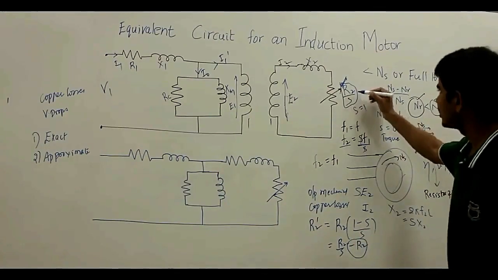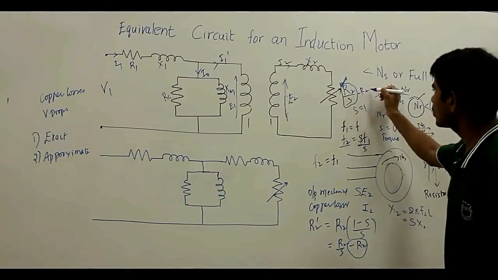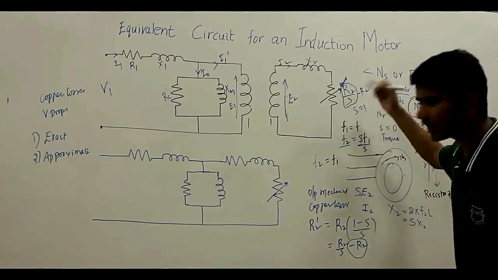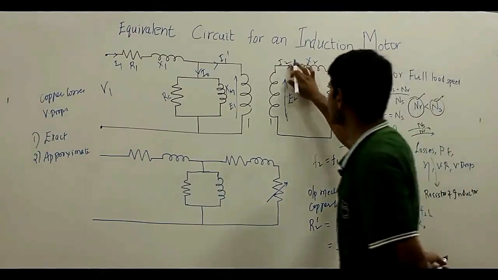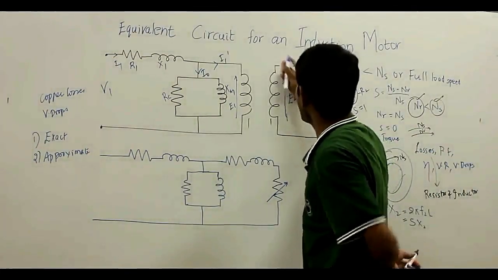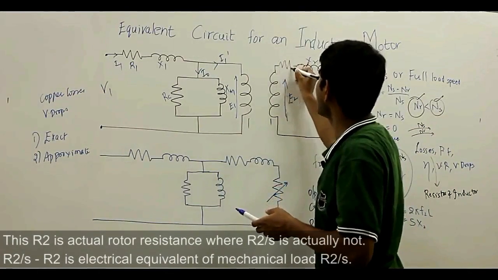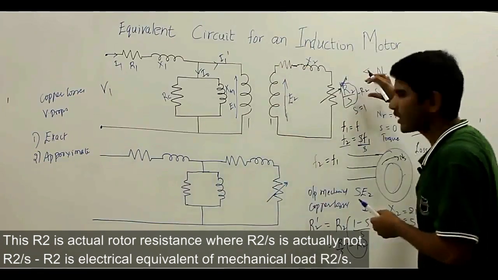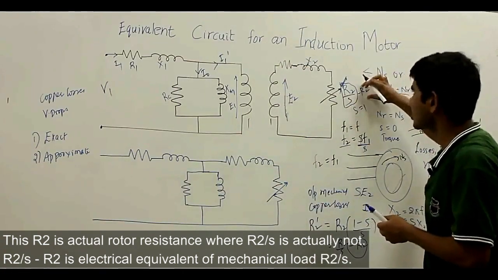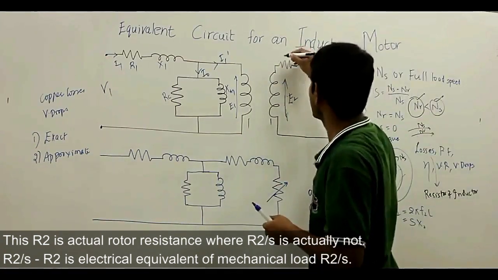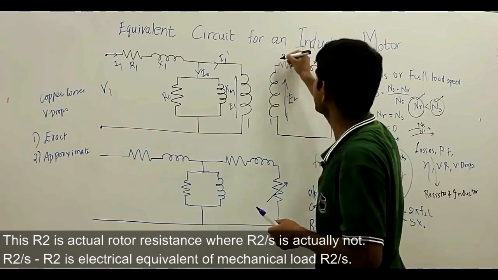As I am subtracting one R2 from R2 upon S, I have to introduce a plus R2 here to compensate for this subtraction.